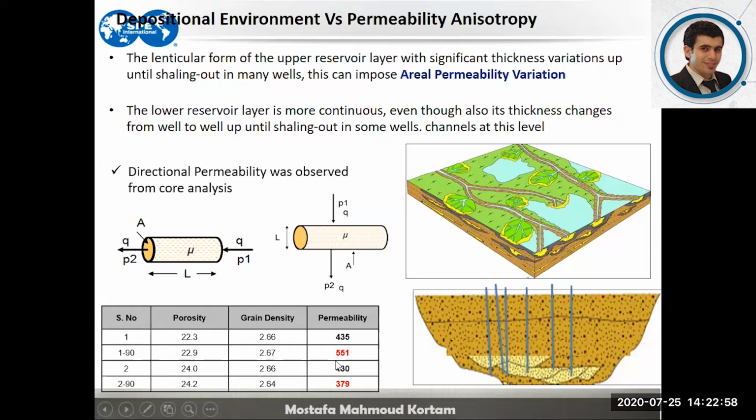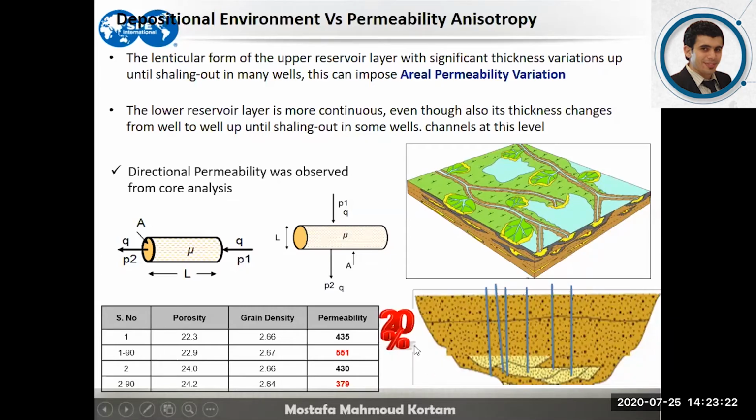We found that the permeability and even the porosity changed. The permeability changed from a particular direction to the 90 degree direction by about 20% difference, and that was found on the two core plug tests that were carried out on this reservoir.